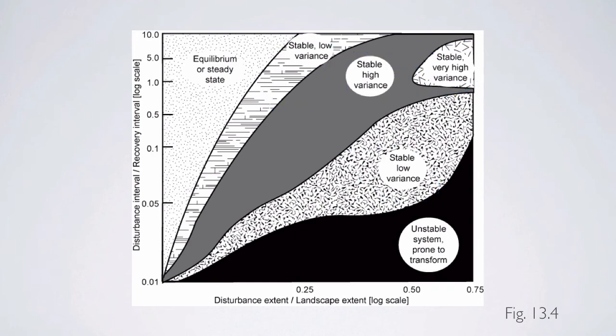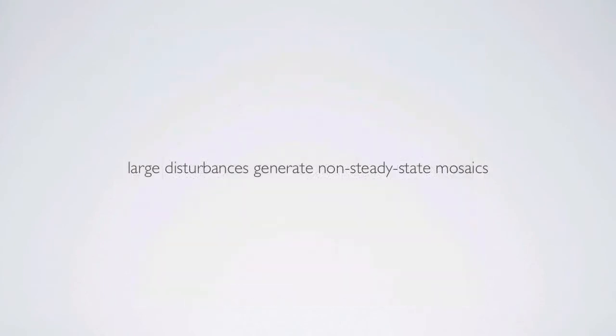As those disturbances become more frequent or larger, the landscape becomes more heterogeneous and individual patches are increasingly likely to shift to different successional trajectories. This idea is that large disturbances generate non-steady state mosaics.